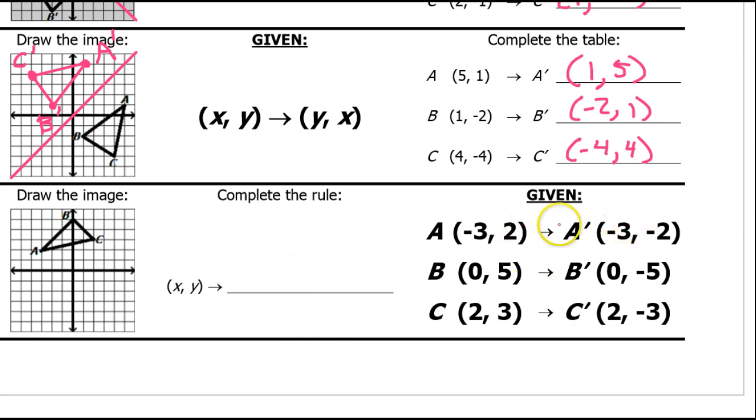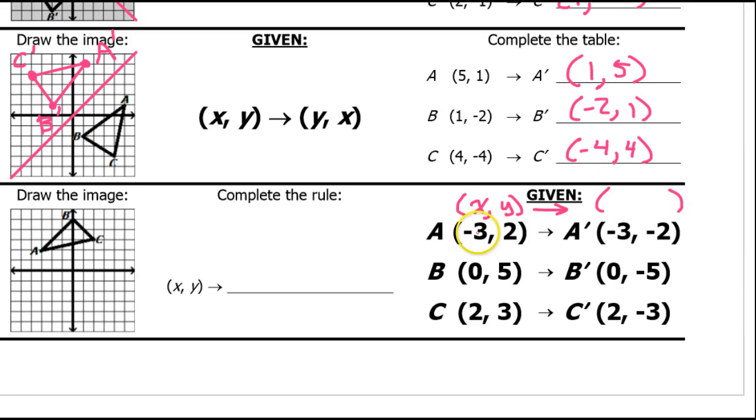Okay, so let's just look at it and see what happened. So let's make up a point and call it x, y. All right, a generic point x, y. So let's see what happened. So x is negative 3.